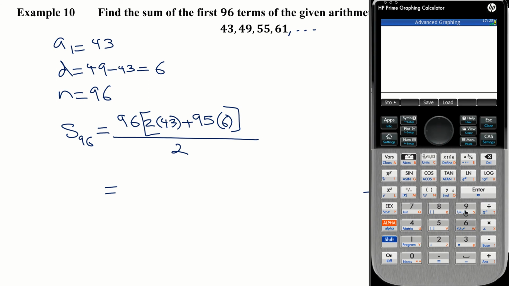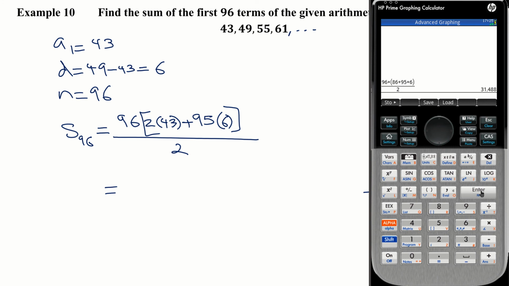Okay, so we have 96 times 2 times 43, that's just 86, plus 95 times 6, and then we're going to get out of the parentheses and divide all that by 2.